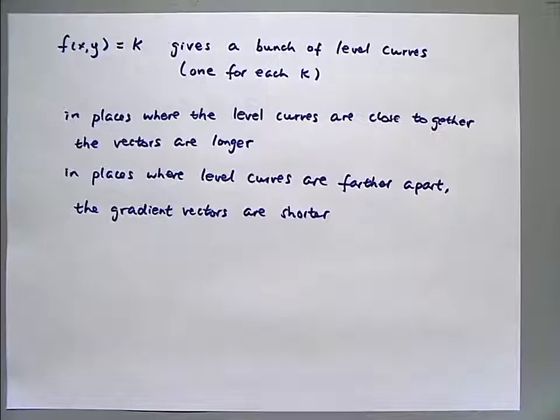In the limiting case, consider a flat plane. The gradient is just a constant thing, right? It doesn't change. Well, actually, for a flat plane, what is the gradient? Let's say z is equal to 3.